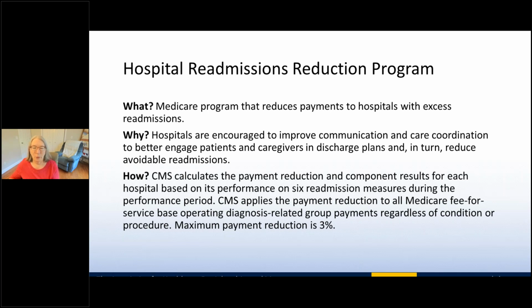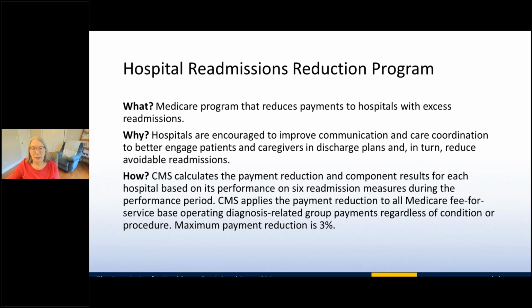So it really was a way to look at, are we doing enough when we discharge our patients to have a good discharge plan in place? Are we making sure that our patients are ready to go home? They have all the resources they need? Because that's one of the things that possibly we could do better in healthcare so that our patients aren't coming back to the hospital so often.